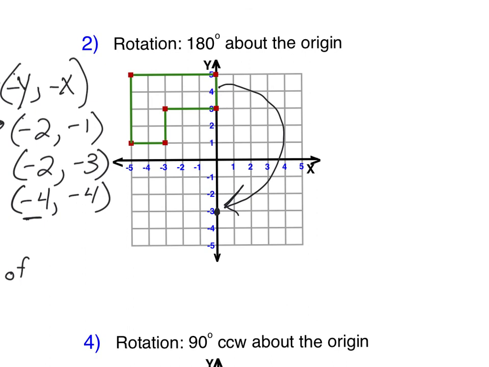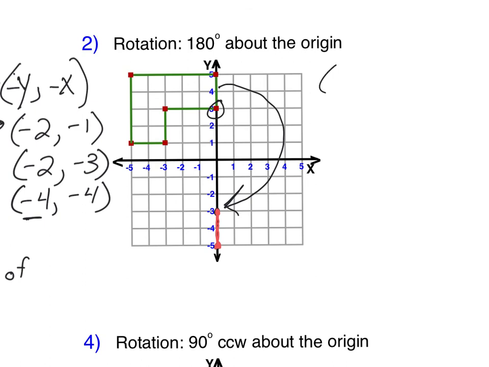So the bottom point right here becomes the top point there. The top point on that side goes to there. Now I'm going to switch my pen color so you can see the lines being drawn in.